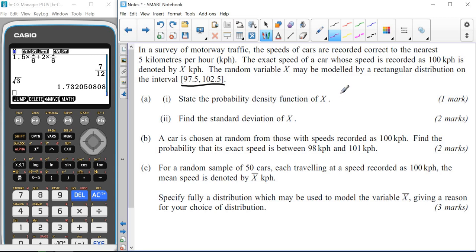So the probability density function would be f of x and then a curly bracket like this. We know that our x values are going from 97.5. Now, because these are square brackets, that means that it can take on those values, so it's going to be less than or equal to.